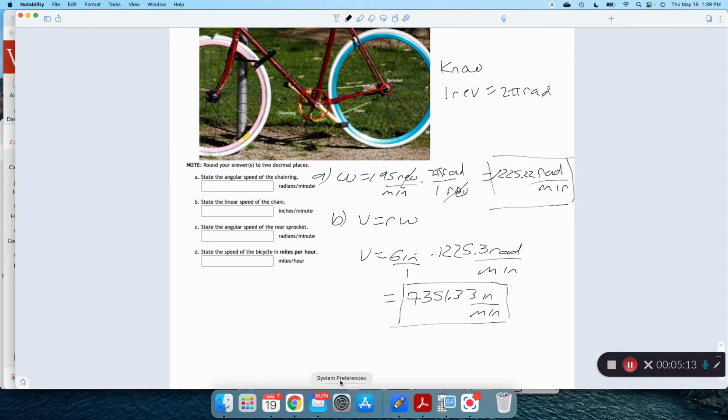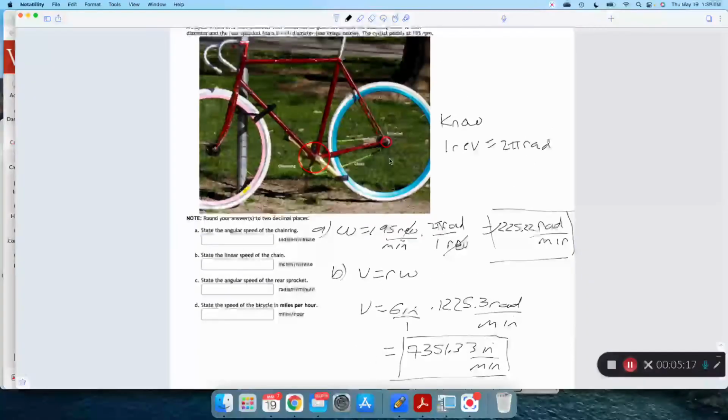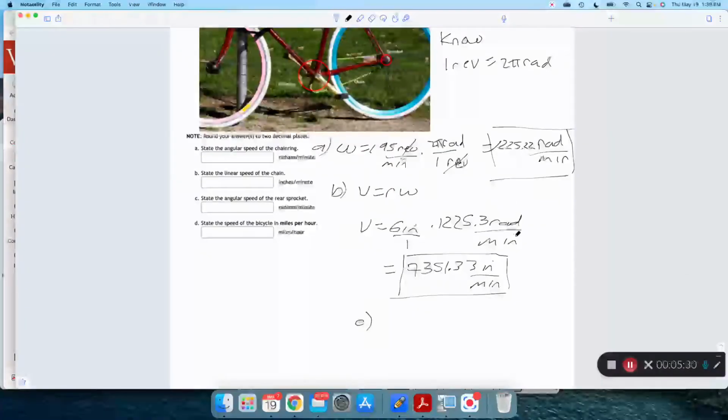That was part B. Part C, we're going to do the same thing but backwards. That's how fast the chain is moving. That's making the edge of this sprocket back here, that boundary, move at that linear speed, to work backwards and find the angular speed. It's just this formula backwards.